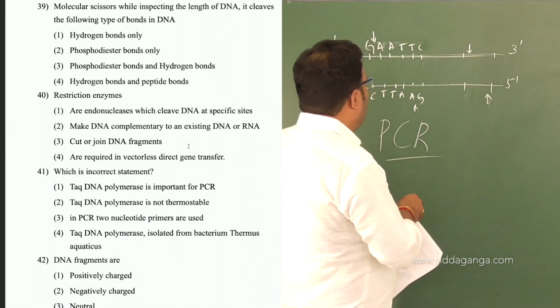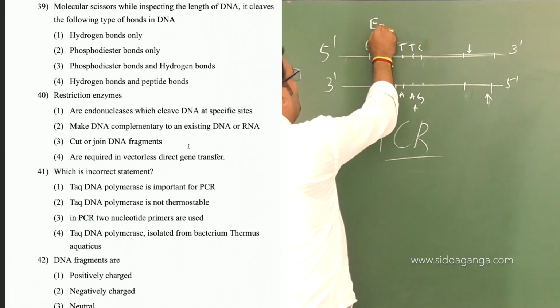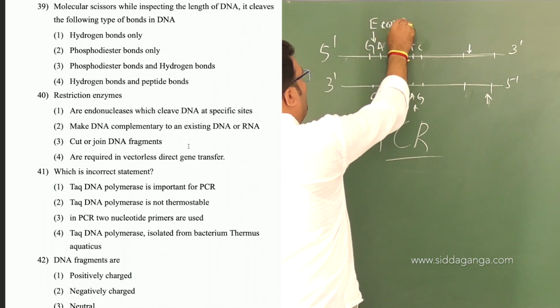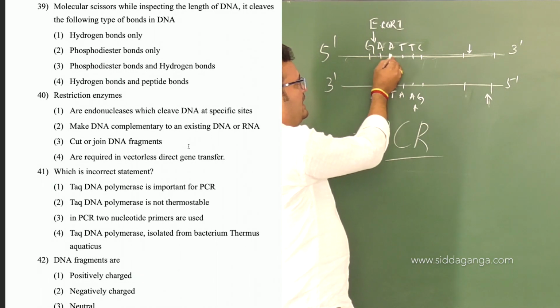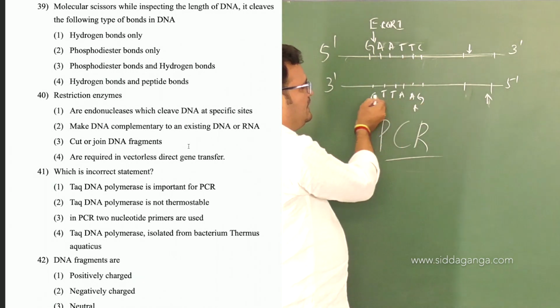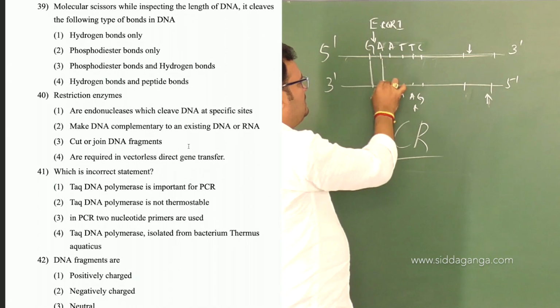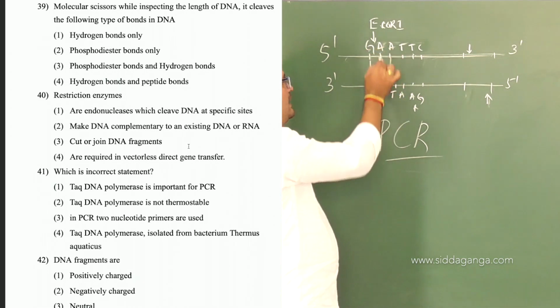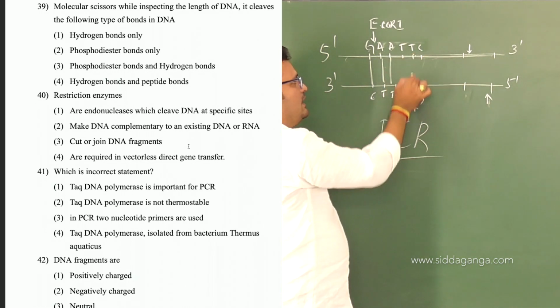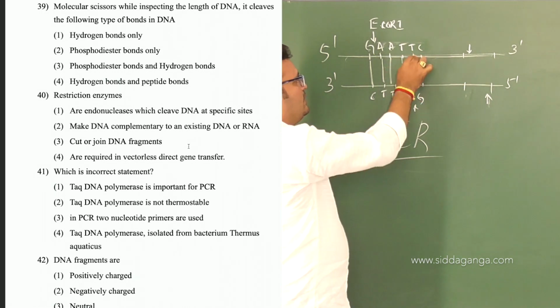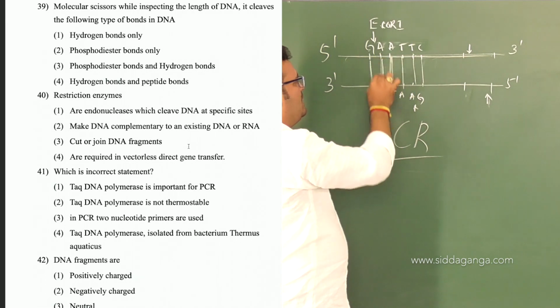Consider EcoR1, an enzyme which inspects the sequence GAATTC, and in the opposite strand also GAATTC, it is a palindromic sequence. The guanine and cytosine, adenine and thymine, thymine and adenine, cytosine and guanine are connected with hydrogen bonds, right?